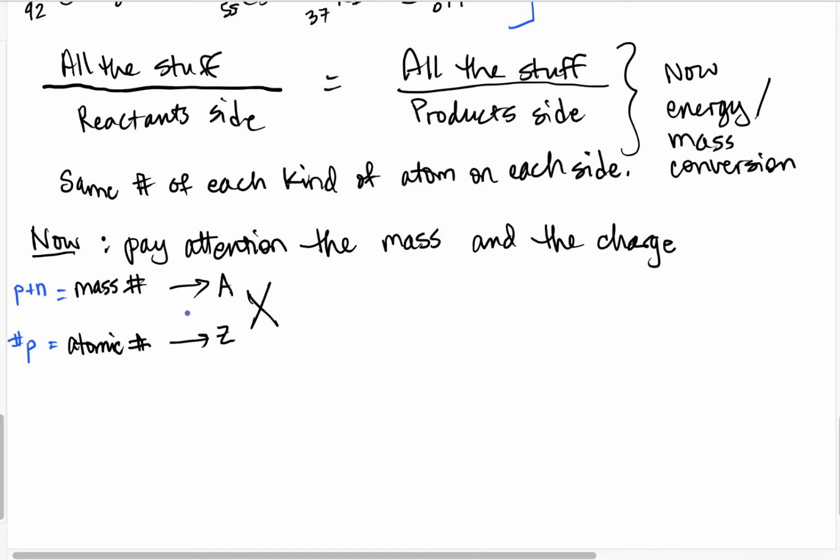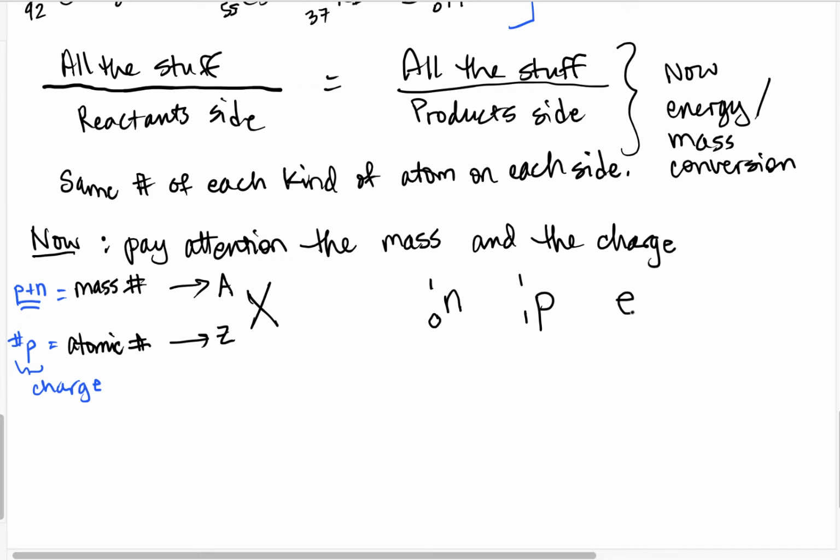So now we're going to pay attention to the mass number still, which is going to be the protons and neutrons. But this is going to actually be the charge overall, because this allows us now to include things that don't have charge, like neutrons. So a neutron is now going to have a mass of 1, but no charge. We'll have protons that have a mass of 1 and a charge of 1.